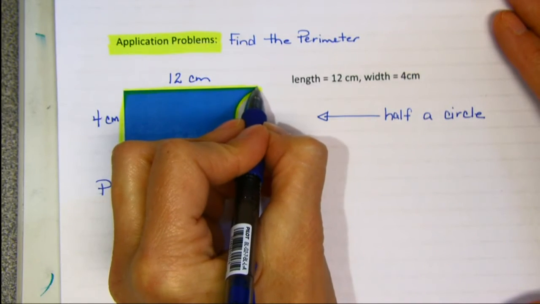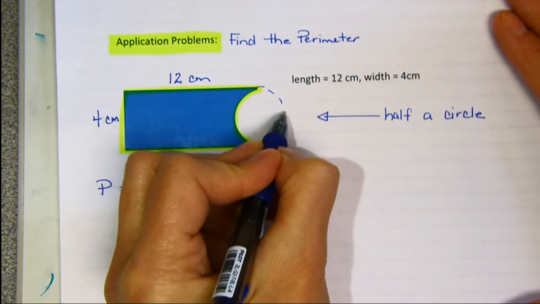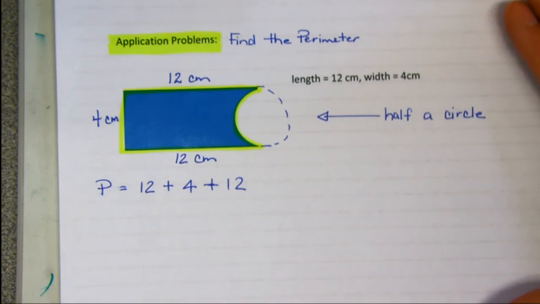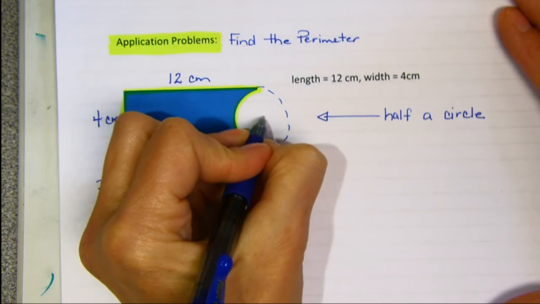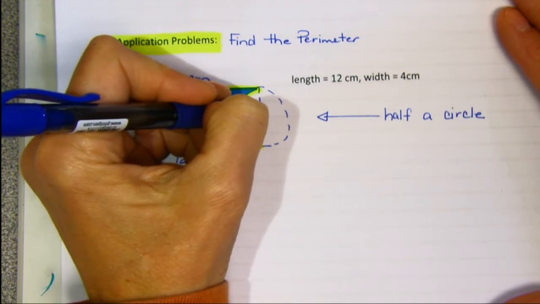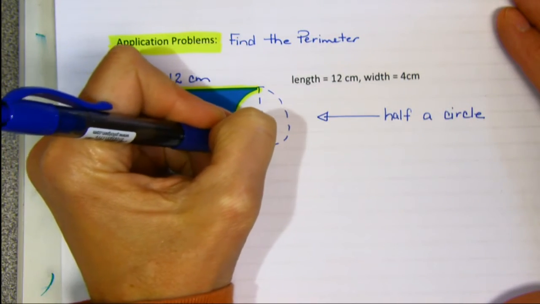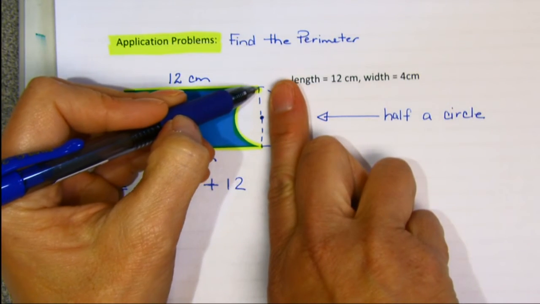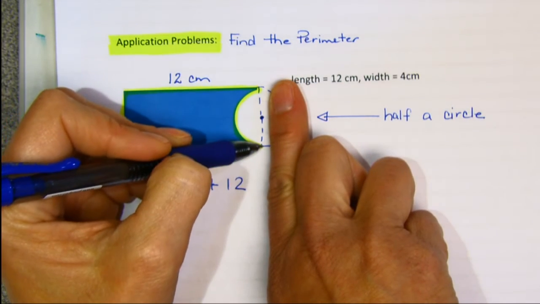All right, so I'm going to go ahead and complete this circle best I can. That's supposed to be a circle. All right, here's the middle of my circle. And I go, okay, well, here would be the diameter of my circle. Is there any way I can know how far it is from here to here?